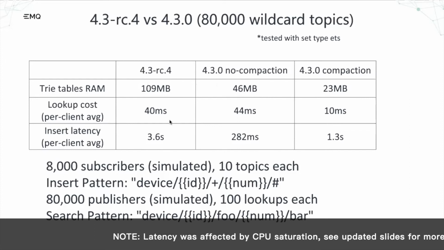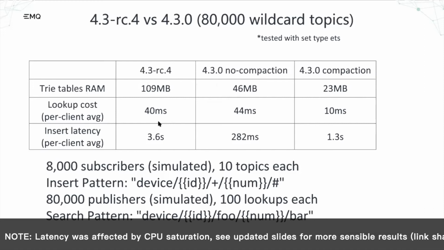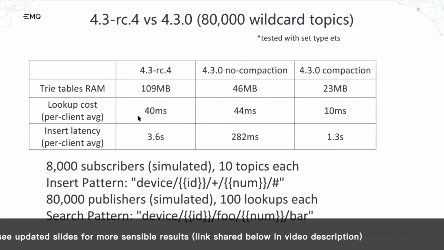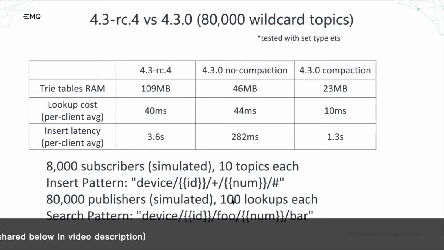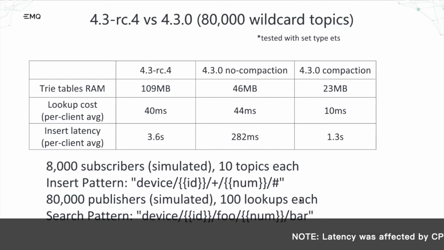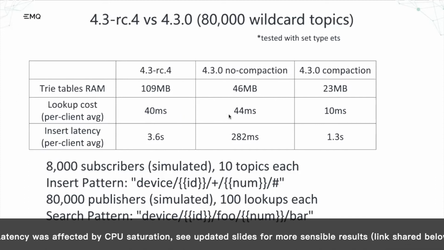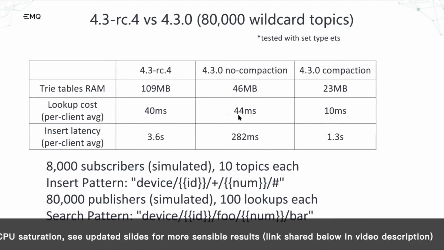Then the lookup cost is 40 milliseconds for each client. Remember, the clients do 100 lookups, and the time is divided by the number of lookups. So the latency is 40 milliseconds, and with no compaction, it's more or less the same.